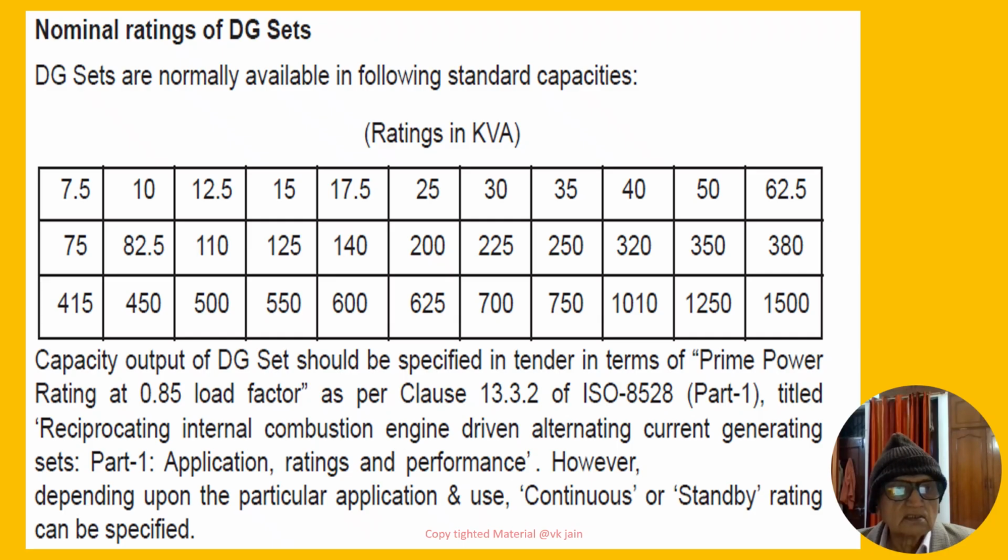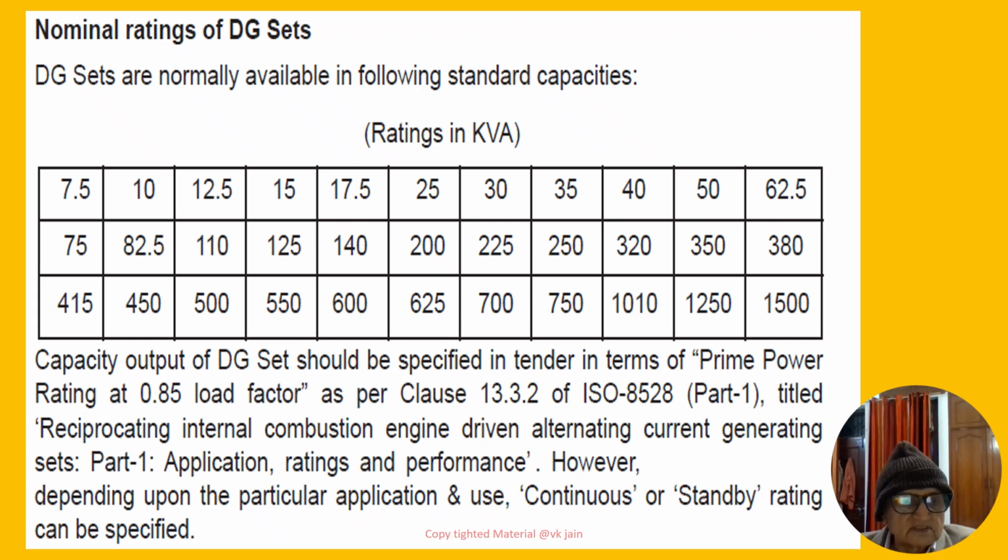Friends, the diesel generating sets are available in the following standard capacities, all in kVA: 7.5 to 62.5, then 75 to 380, and 415 to 1500.